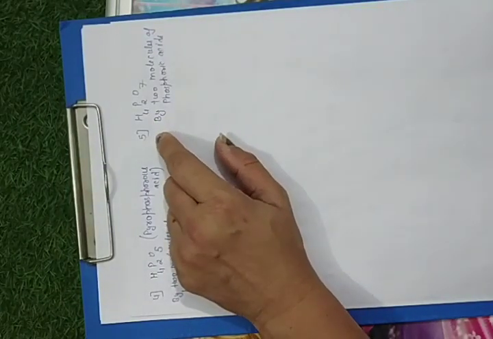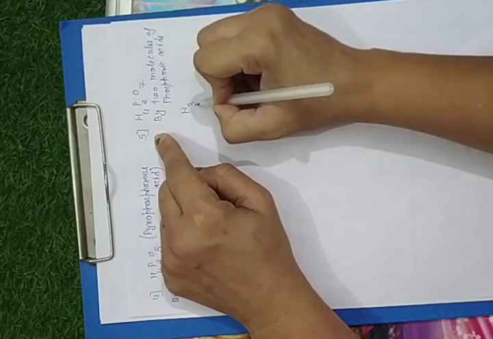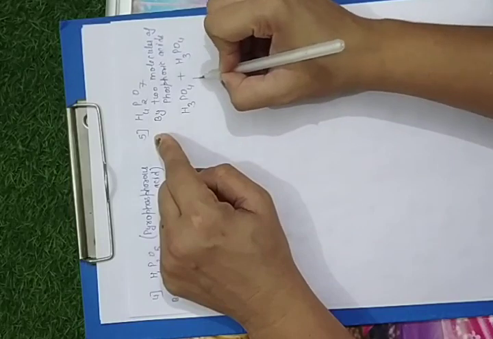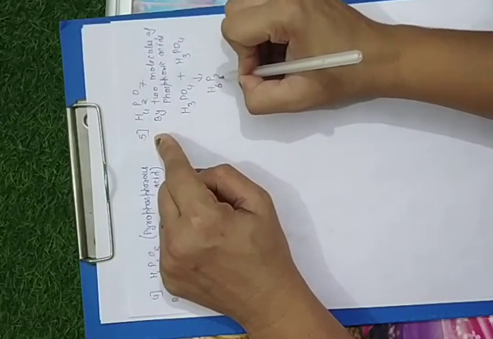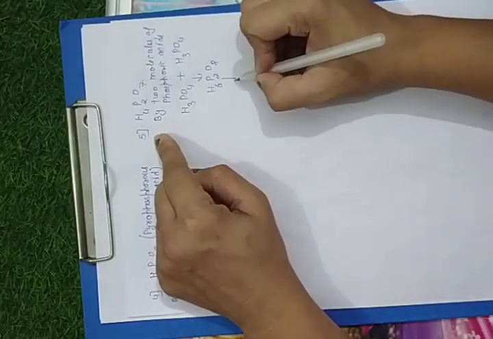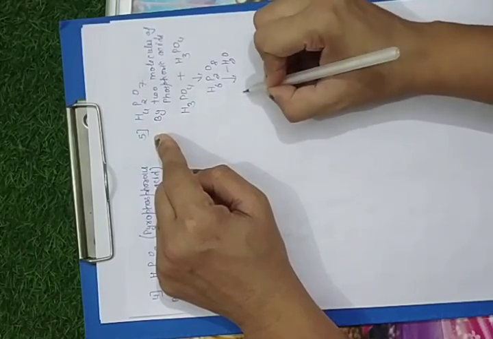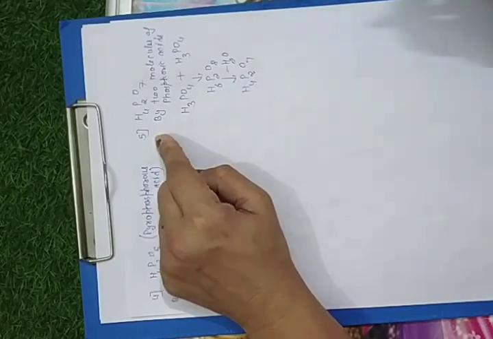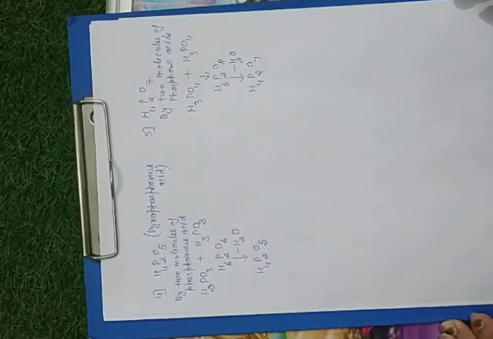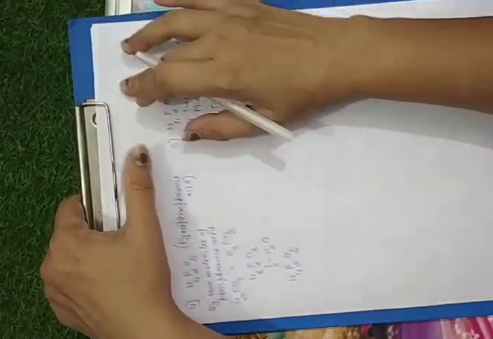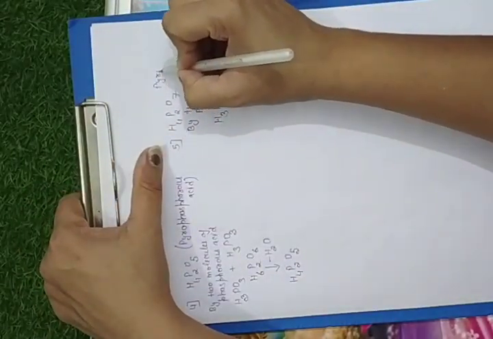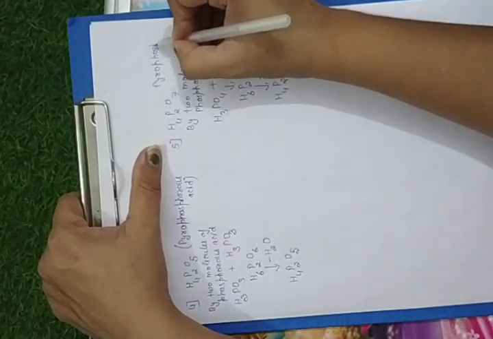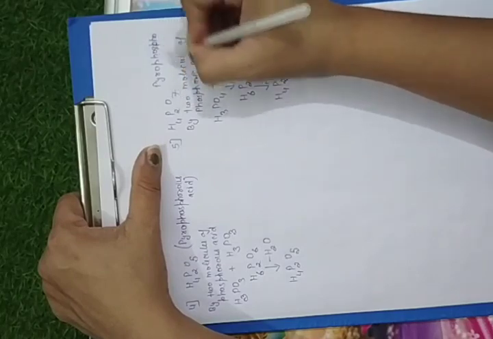Similarly with H4P2O7, taking 2 molecules of phosphoric acid, then it becomes H6P2O8, and when one water molecule is eliminated, it becomes H4P2O7. So again this one also starts with pyro, and next the name of that acid from which it is formed.